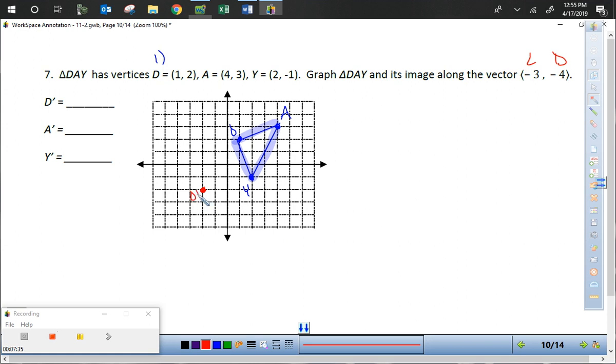We'll do the same thing with the next 2 points. So A will go 1, 2, 3 to the left, and then 1, 2, 3, 4 down. Plot that point, which is our A prime. And finally, from Y, we're going 3 to the left and down 4.